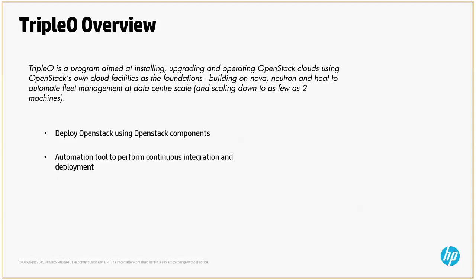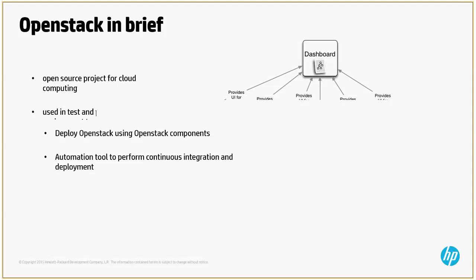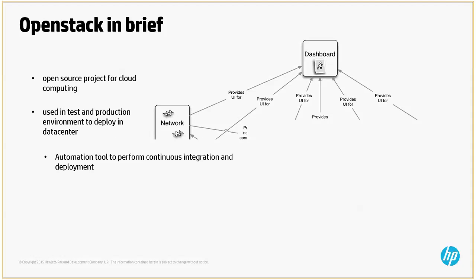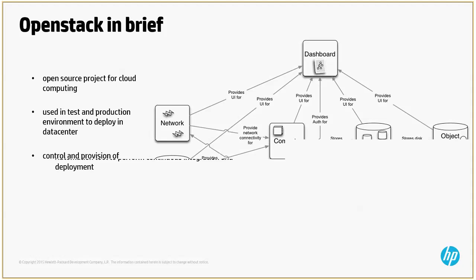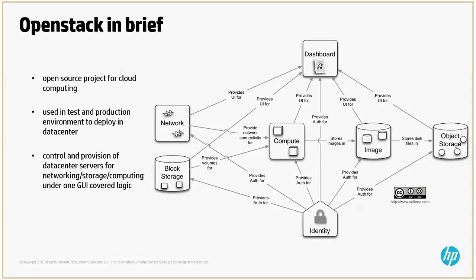OpenStack is an open source project for cloud computing. We can use it to test in data centers, as well as for the production environment in the data center. On the right side of the presentation, you can see a diagram, a rough architecture of OpenStack, an older one, but it explains the main projects present in OpenStack.